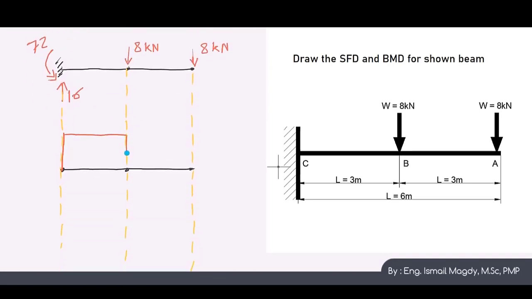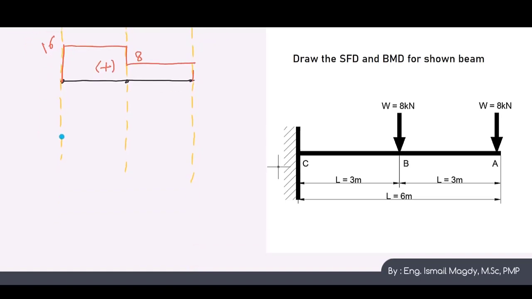So from here we will go downward. This is the 16 kN, and we will go downward till we reach 8 kN. We'll keep going horizontal again till we reach the other 8 kN, and we'll go downward and it will reach 0. And it means that all the shear force is positive here.